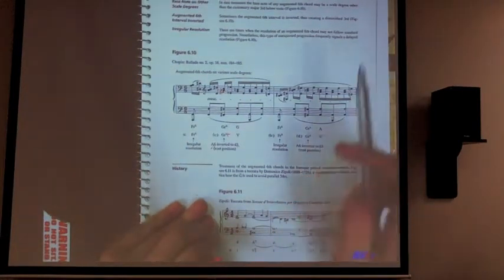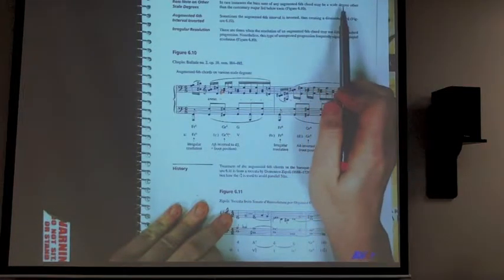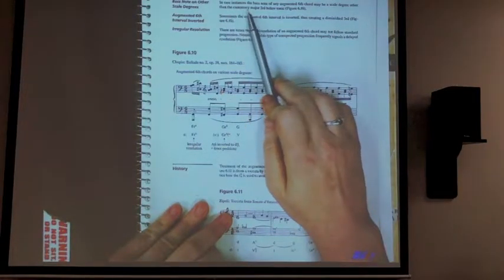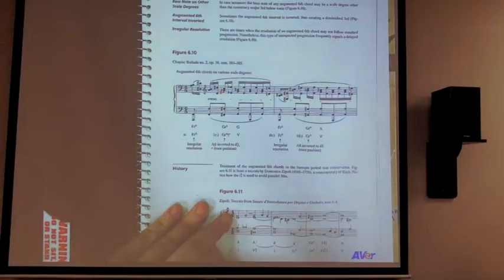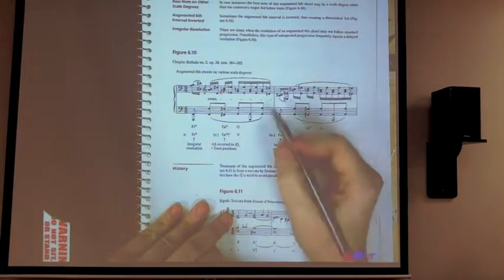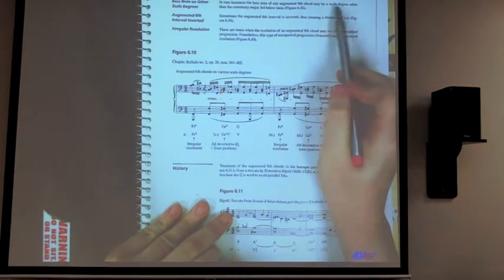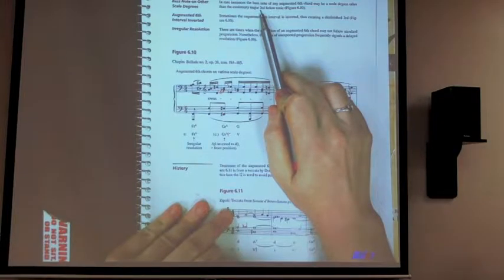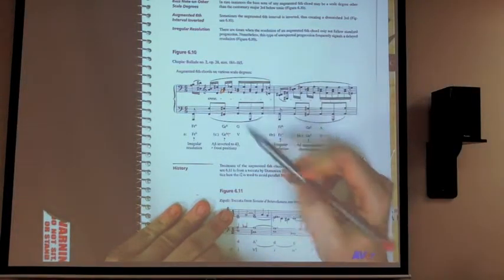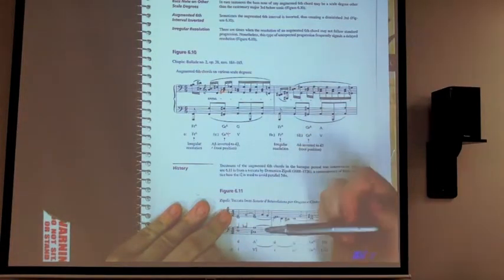All right? In rare instances, the bass note of any augmented sixth chord may be a scale degree other than the customary major third below tonic. All right? Again, it's going to be the same deal. So that means there'll be another note in the chord, which means it may not be in first inversion, or in the case of the French chord, second inversion.